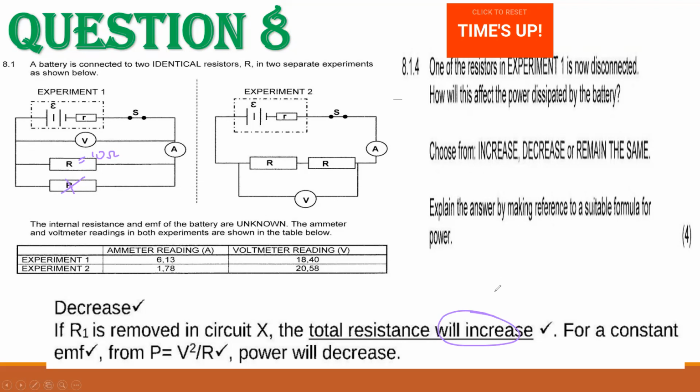If total resistance increases with a constant EMF, then P equals V squared over R, because power is equal to I times V, and from here you can write I is equal to V over R. V over R times V gives this formula. So if R increases, power will decrease.